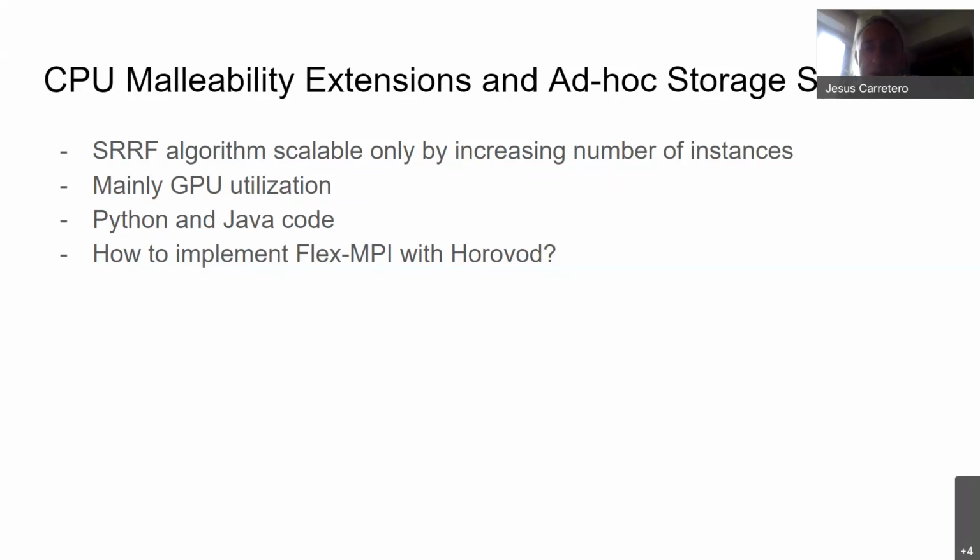So if you are using Python or C++ or anything like that, we could try malleability using SLURM directly, creating more or reducing the number of processes without using Flex MPI. Flex MPI is our platform right now, but we are not forced to have Flex MPI as our only CPU malleability implementation. Actually, we have something similar. So if we have Python or other kinds of processes, it should be the same. Okay, thanks.